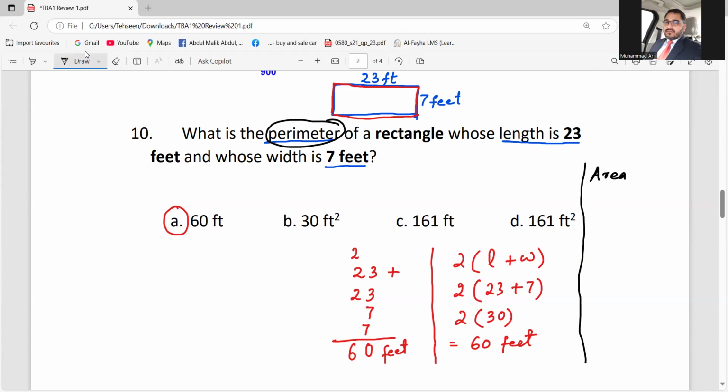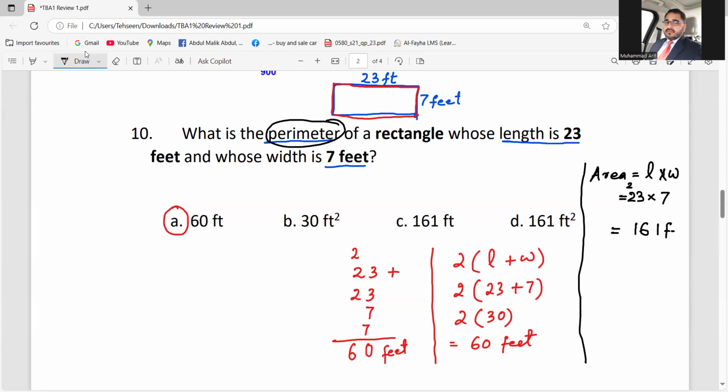Area of the rectangle is length multiply width. As here length is 23, multiply width is 7. Then 23 multiply 7 is, 3 sevens are 21. 1 here, 2 carry to the next number. 7 twos are 14 and 2, 16.